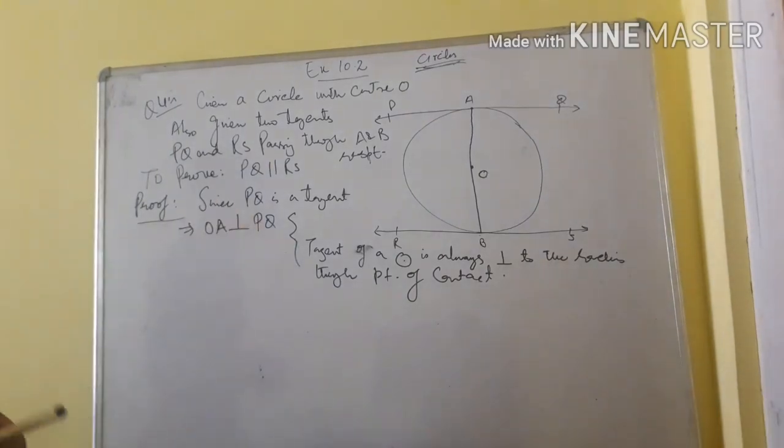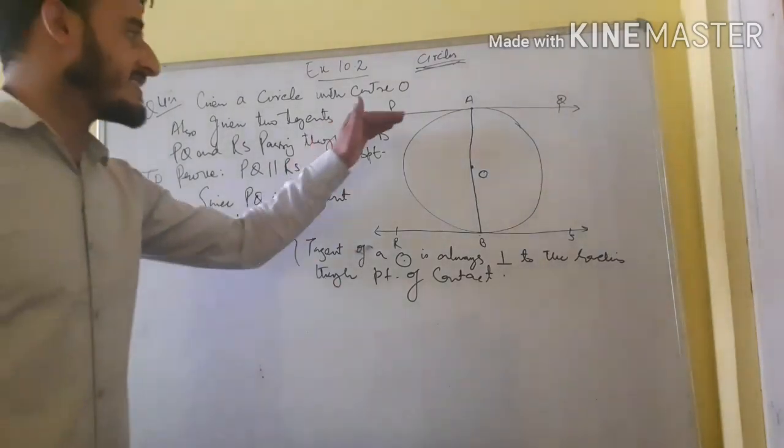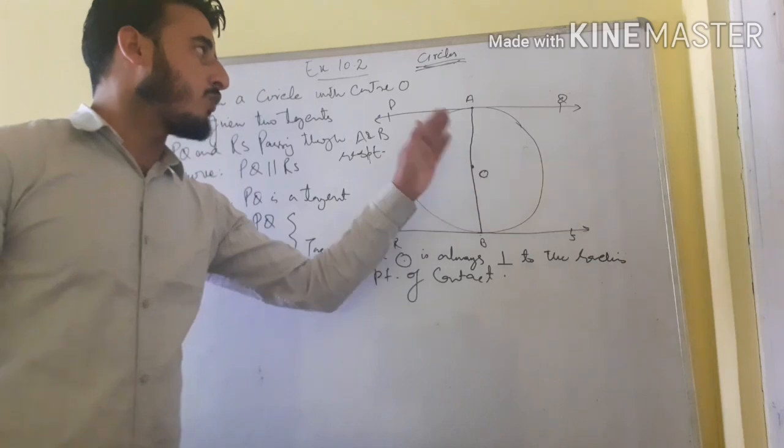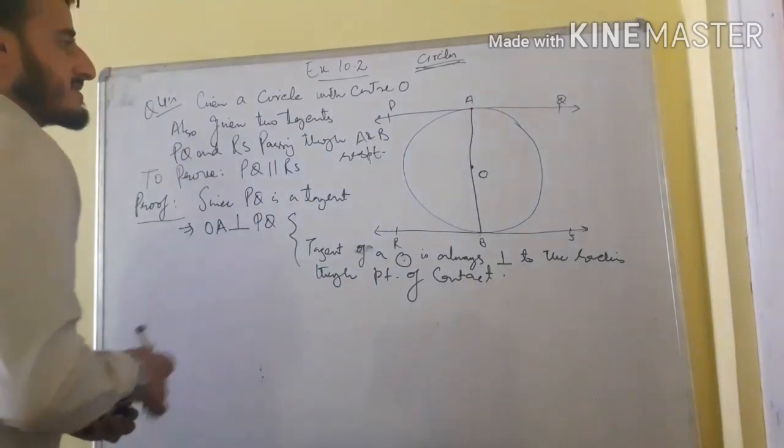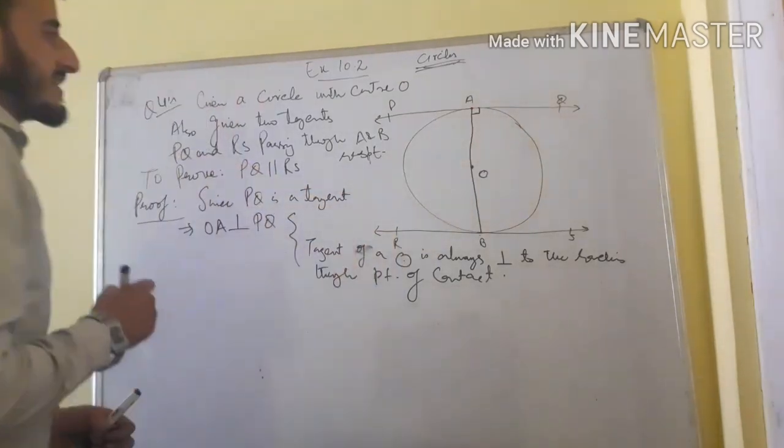This is the statement of the first theorem. It states that the tangent is always perpendicular to the radius when the radius and the tangent pass through the point of contact. That means here this angle is 90 degrees. It should be clear. Okay.